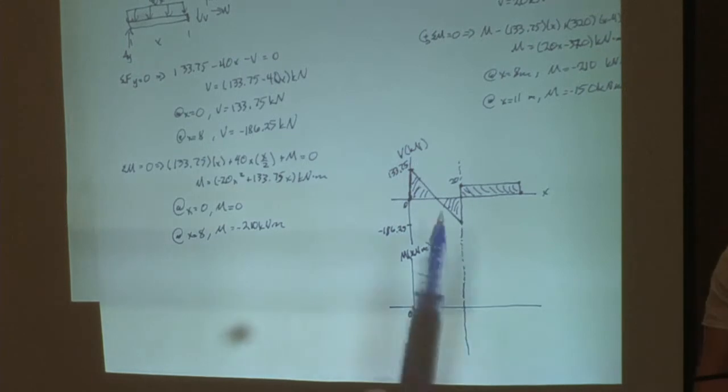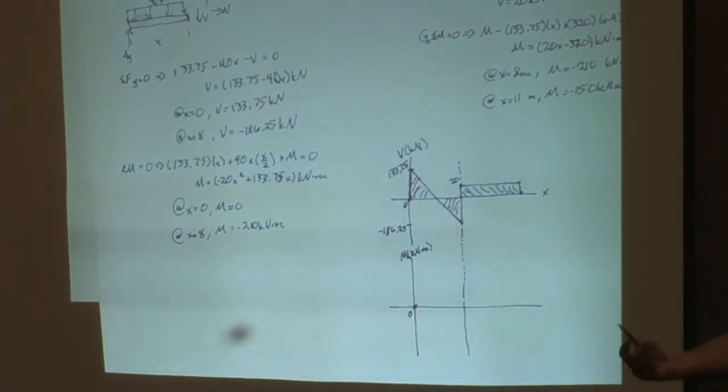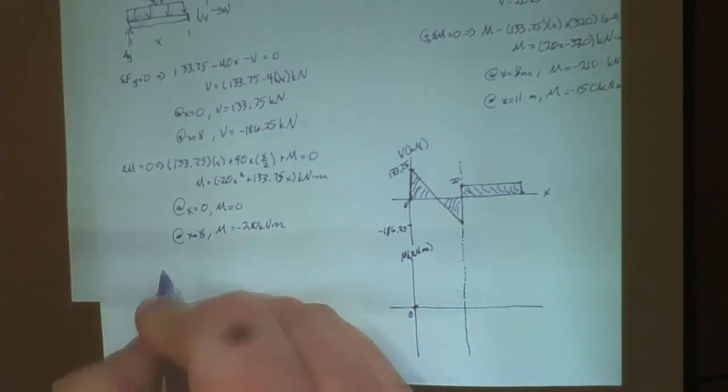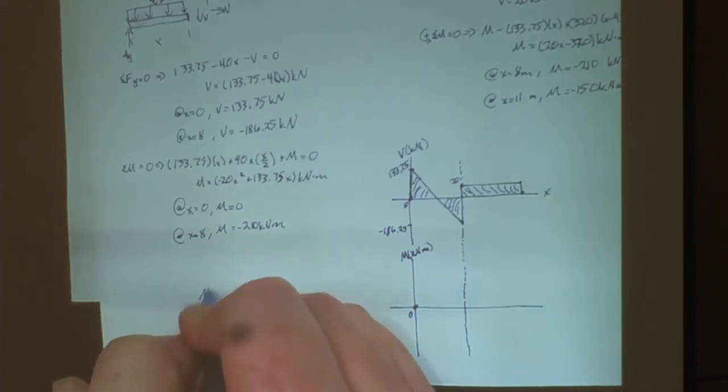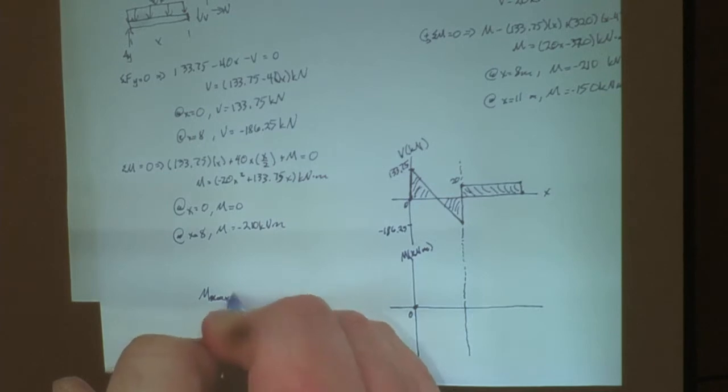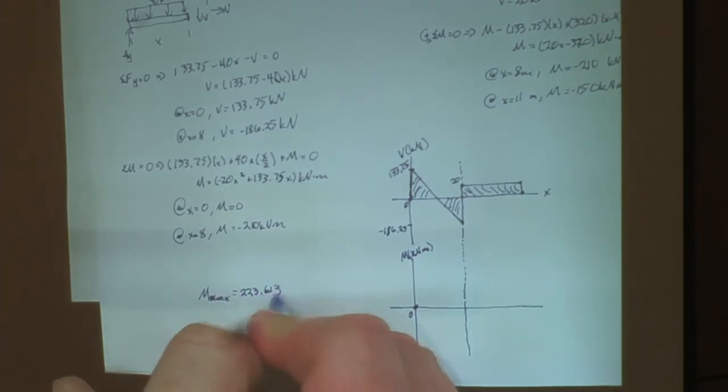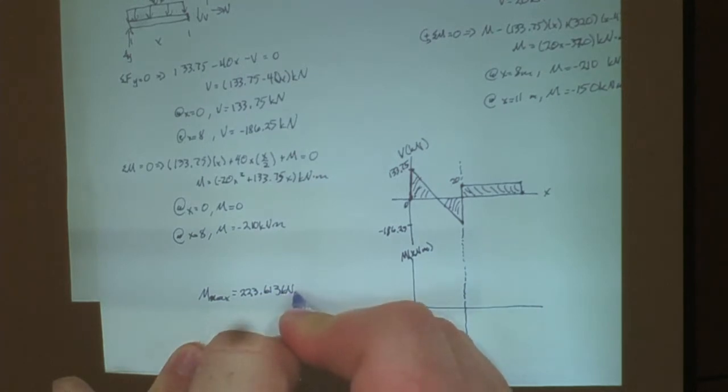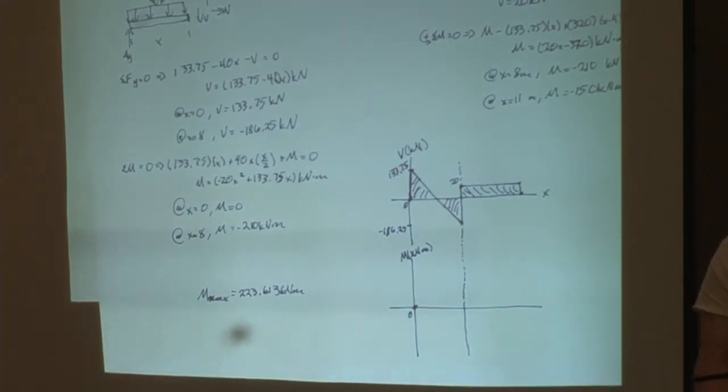So right there, it crosses the axis at 0, so that's an easy solve. So our max moment. Does anybody want me to write out that equation about how I solve that?